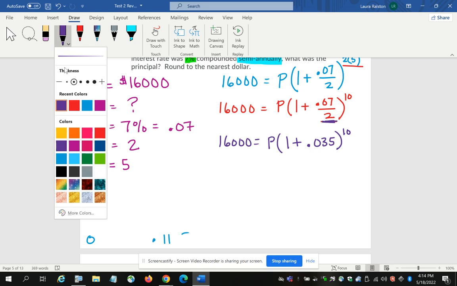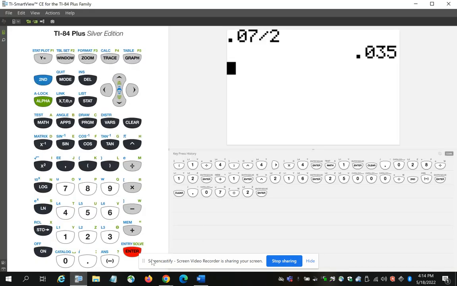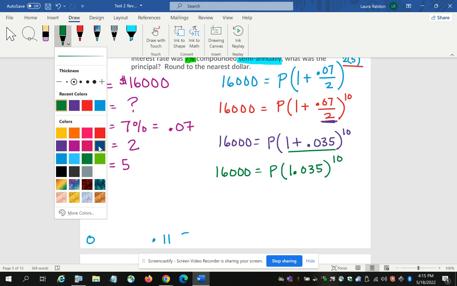Then again, continuing to work inside the parentheses, I'm going to do the addition. So I have 16,000 equals P times 1.035 to the 10th power. Okay, so on my calculator, I'm simply going to add 1. And then I'm going to do the exponent.